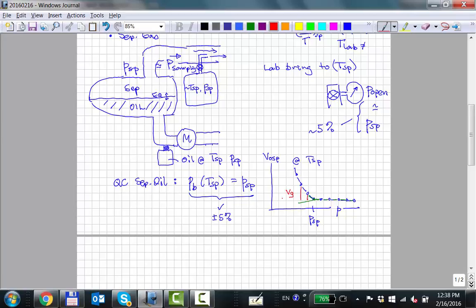So oil's shrinking a little bit, but the gas is really taking off. So the total volume is going to be increasing. And you'll see a discontinuity in the pressure volume relationship. Okay. You won't see it in water.